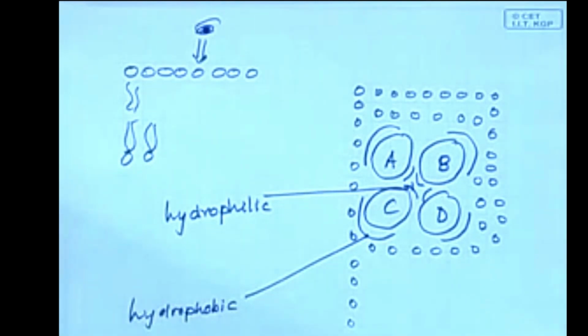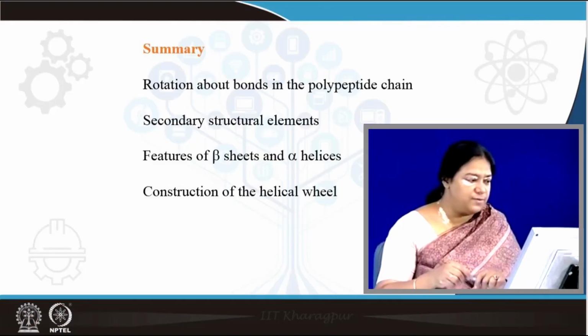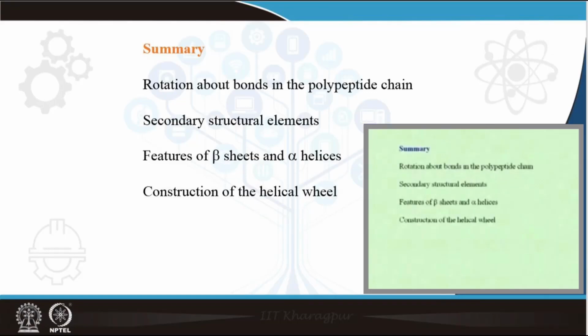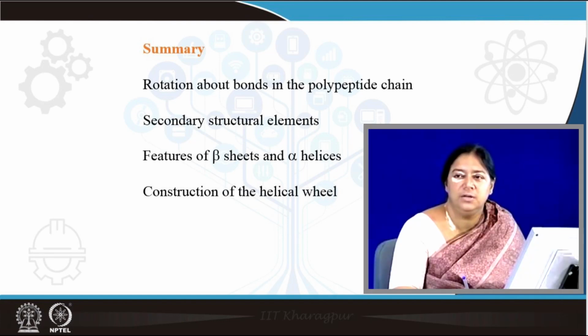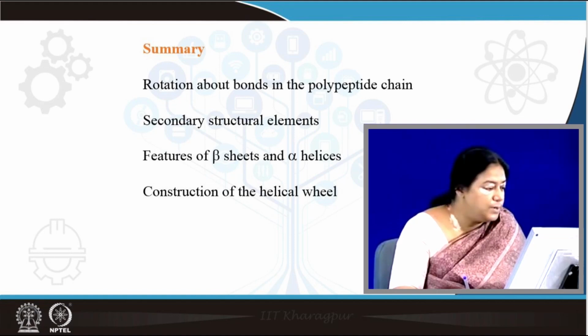So what we learned today was we have rotations about the bonds in the polypeptide chain that give rise to what? The phi psi angles, and we know that the omega angle is also present in proteins, but we rather have a trans peptide than a cis peptide due to the restricted rotation because of the partial double bond character of the peptide bond.